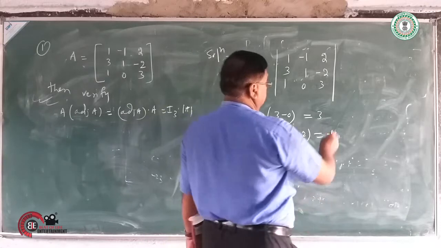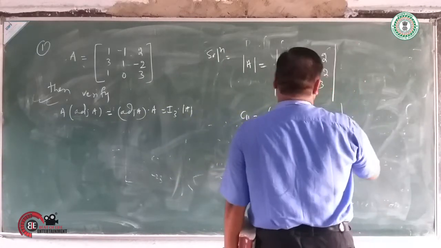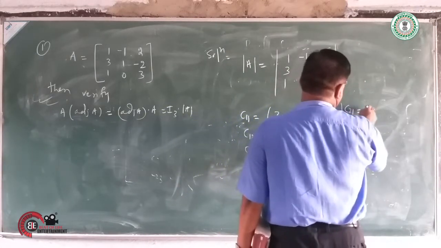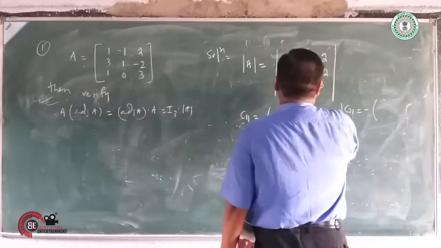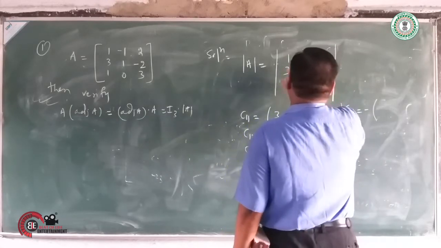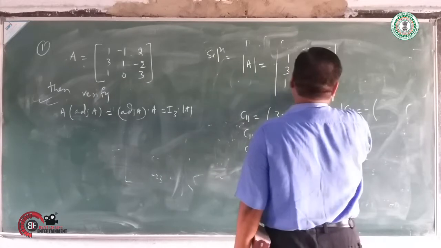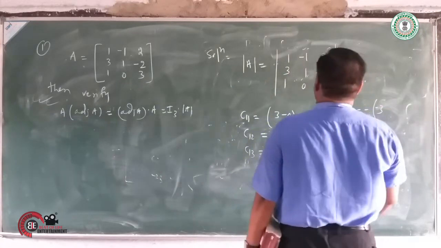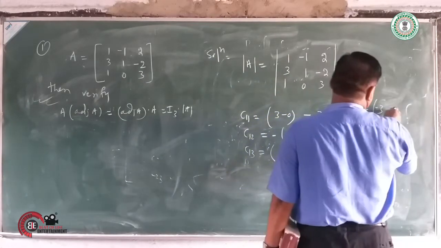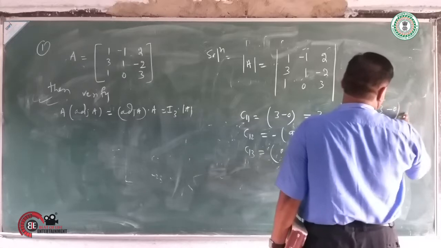Then find C21. It is odd, 2 plus 1, so the sign is minus. Cancelling this row and column, minus 3 and 0, so it will be 3.